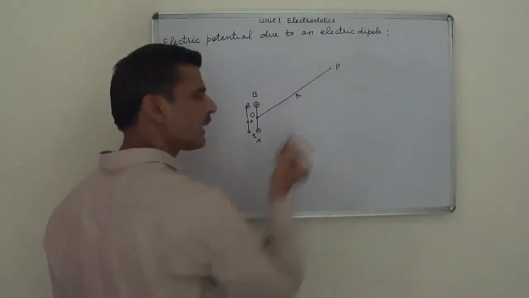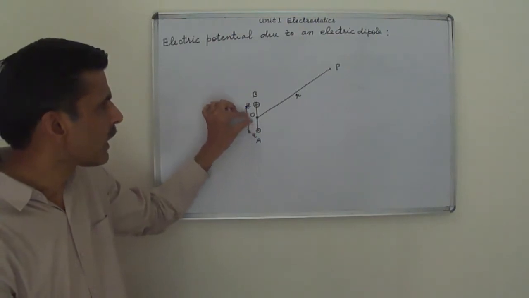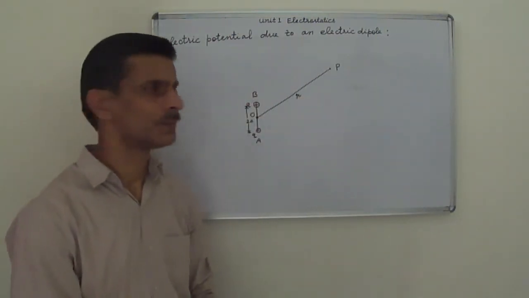So here at this point P, there are potentials due to these negative and positive charges.